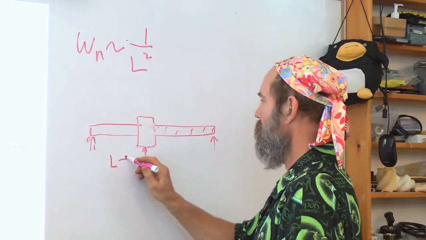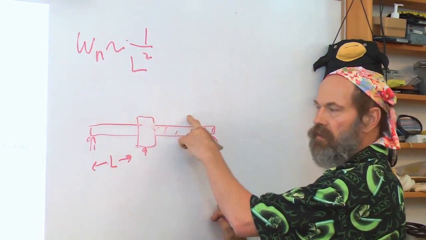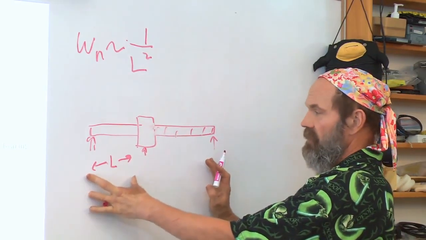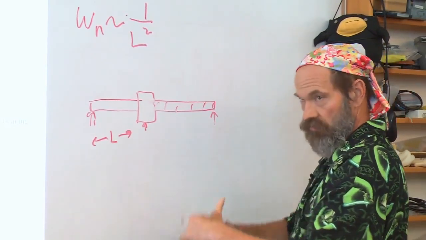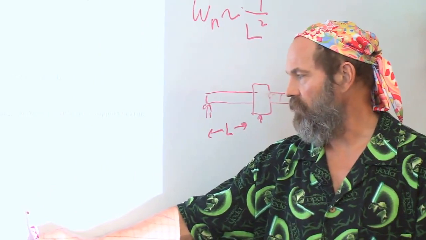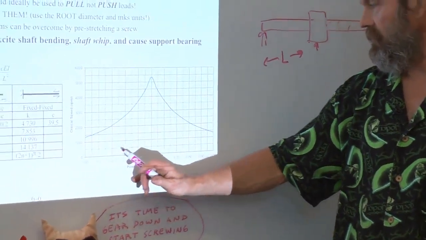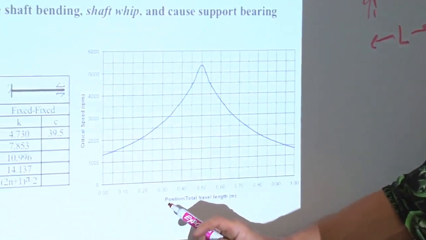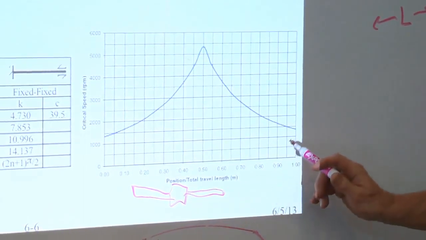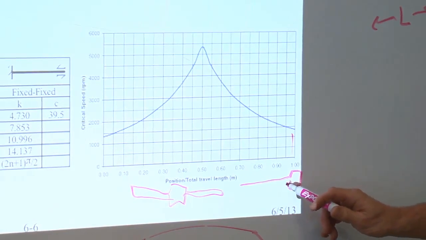This length changes very rapidly as the nut moves rapidly. So the longest unsupported length of the screw shaft becomes the dominant length that controls the natural frequency of the system, which is why you see this trace here of the critical shaft speed rises very rapidly as the nut moves to the center of the screw. So here the nut is in the center of the screw. And over here at the end, the nut is on one end of the screw.